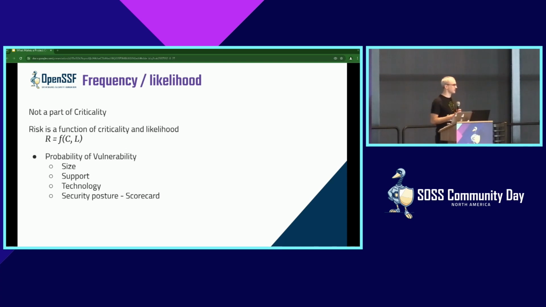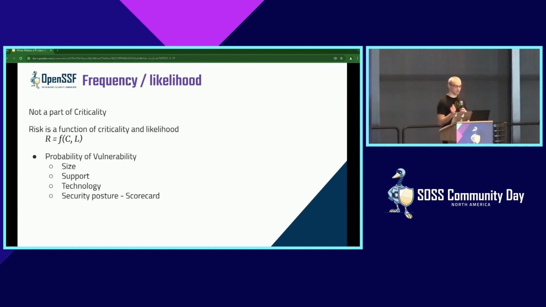Some factors included in this probability are the size of the project, how much support it has, how many eyes are on the project, how many people are working on it, does it have the backing of a big organization, what technology does it use, a memory-safe language or not, and other security posture things like what the OpenSSF Scorecard project scores. All of that goes into frequency or likelihood and is not a part of criticality.